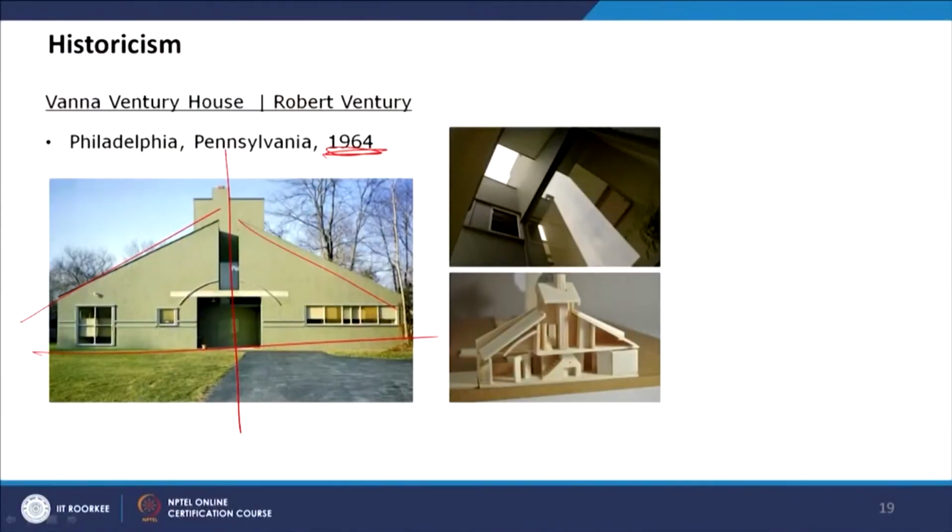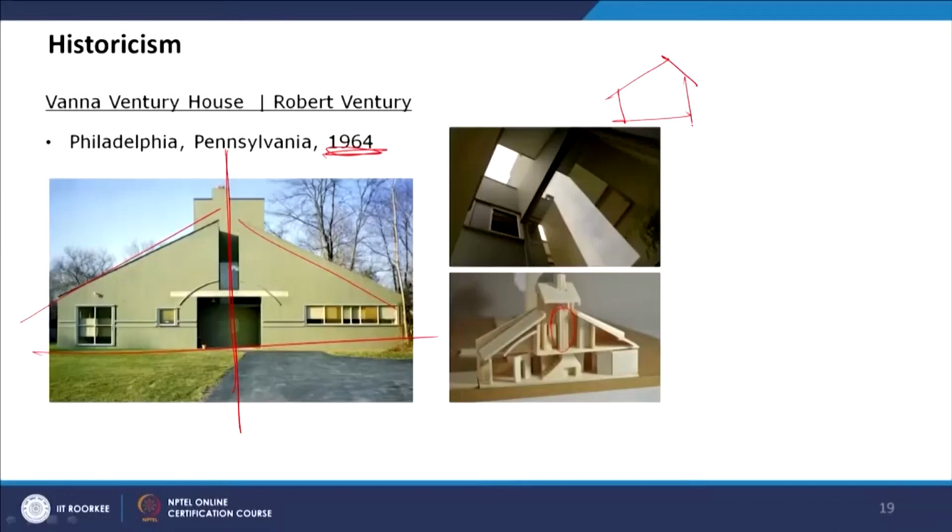If you look at the interior space, this is a chimney and the skylight which looks like a chimney from outside, and gives the sensation of bilateral symmetry and the central heavy. In classical architecture, we have seen the central part is heavy. Bilateral symmetry is not just one design feature.